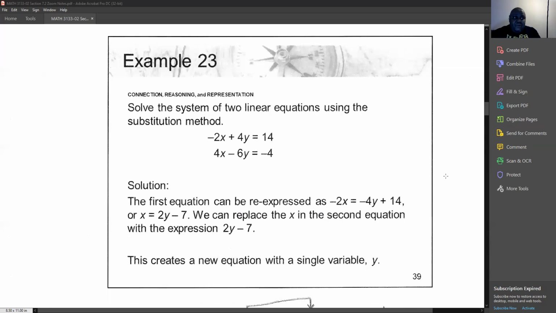So in this example here, let's say we want to solve the system of two linear equations using the substitution method. Here we have negative 2x plus 4y is equal to 14, and 4x minus 6y is equal to negative 4.